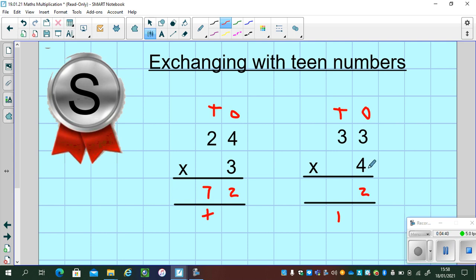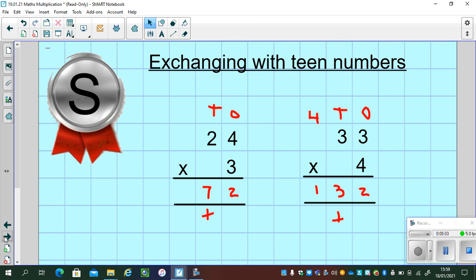Now let's multiply by the tens. 4 multiplied by 3 is 12. But let's not forget to add the 1 at the bottom, which makes 13. The 3 will go in the tens column, and the 1 now goes in our hundreds column. 33 multiplied by 4 is 132.